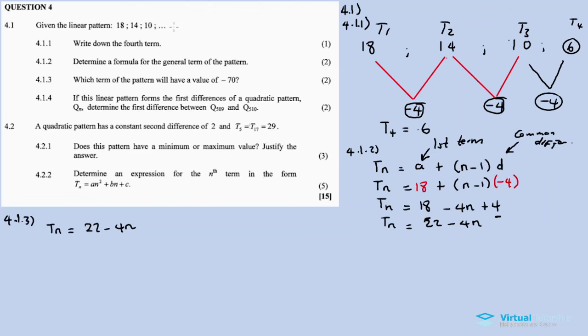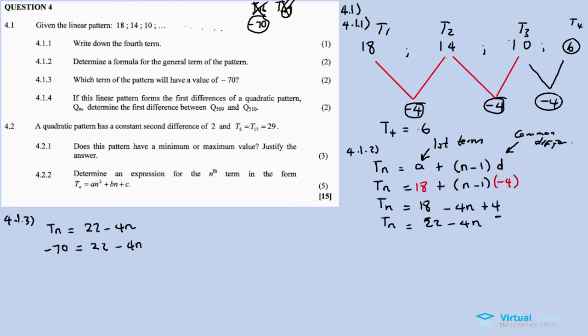If this pattern continues, what term number will have a value of minus 70? Is it T16? We don't know. Is it T17? We don't know. We cannot estimate. So what do we do? We substitute the minus 70 into the nth term. Where there is Tn, I put minus 70 and then I calculate for n, so that we can find out the term number of minus 70 in our pattern.